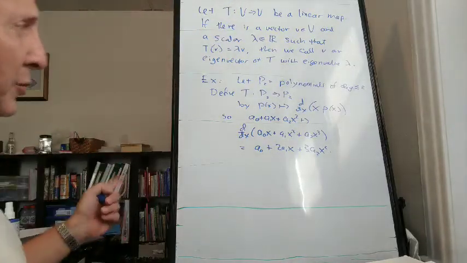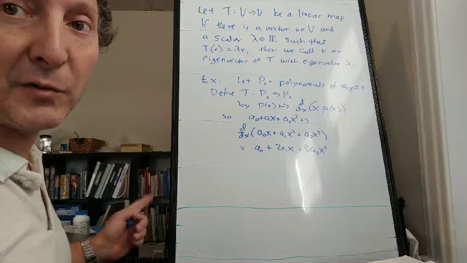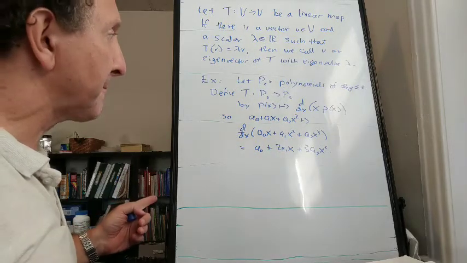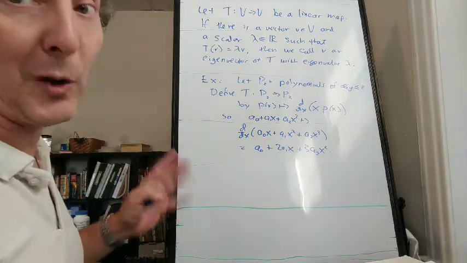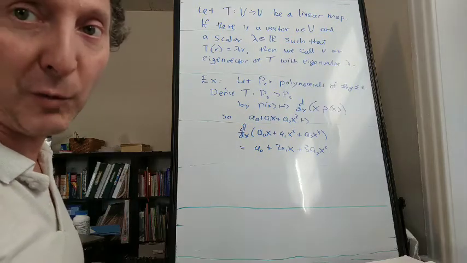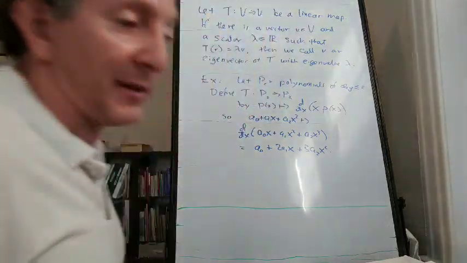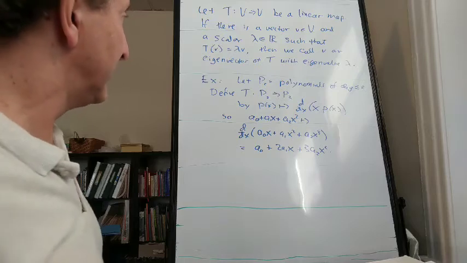All right, now I'm going to show you what the eigenvectors and eigenvalues are of this map. And then in another video I'll tell you how to find them. But for now I'm just going to show you what they are and demonstrate that they're eigenvalues and eigenvectors.